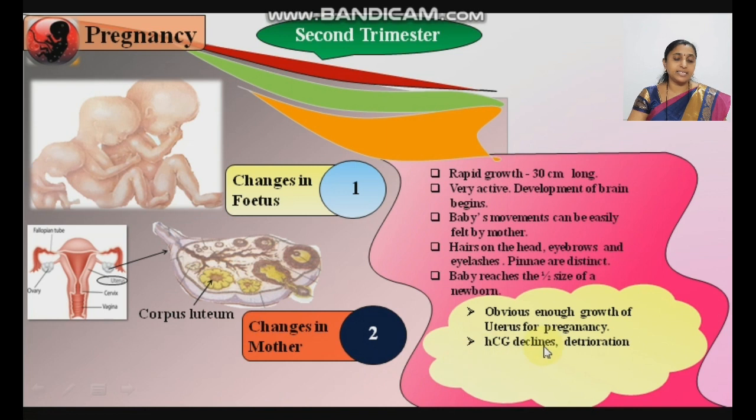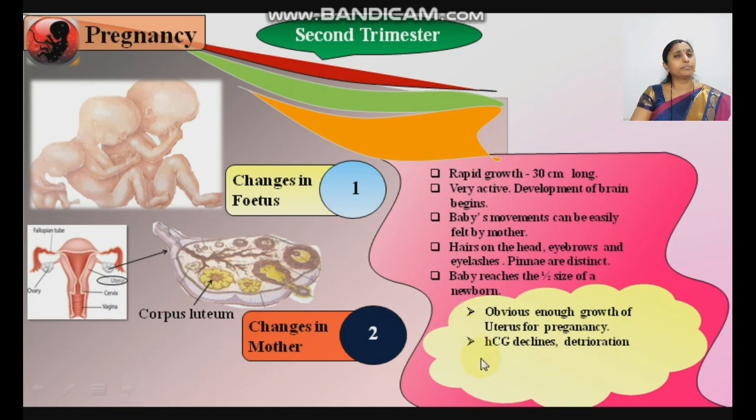HCG declines. Decline means decreasing. HCG: H for human, C for chorionic, G for gonadotrophic. Human chorionic gonadotrophic hormone is secreted from the placenta. In humans, the type of placenta is chorionic placenta. This hormone is very important.